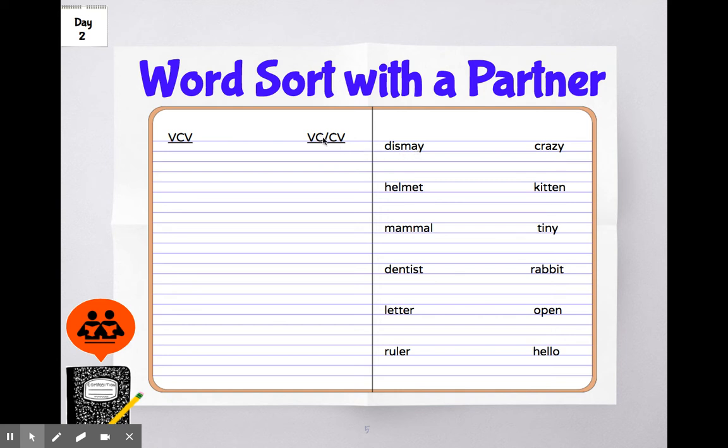So I'm going to separate this word into dis and may. My line would go right in between S and M, and it would go under VCCV. Y'all decide where you would put the other ones. So pause the video and do this activity in your notebook.